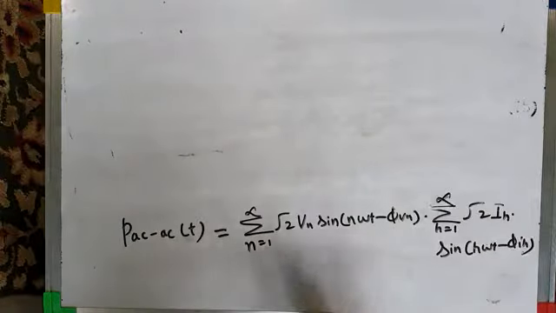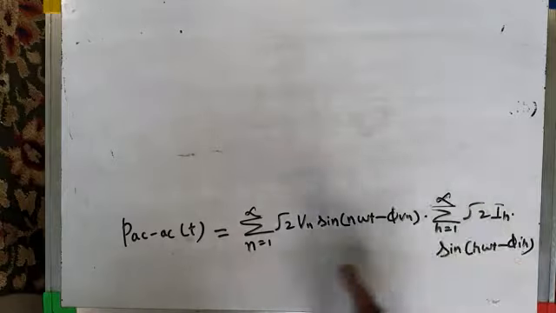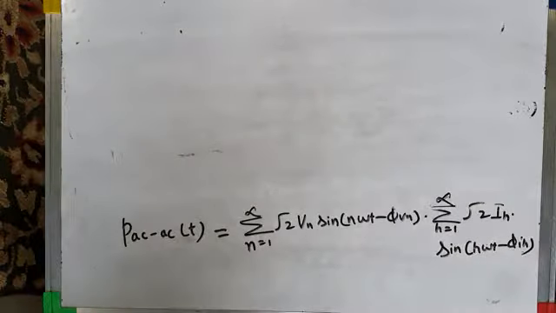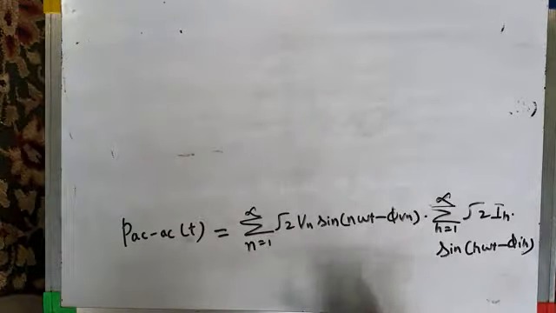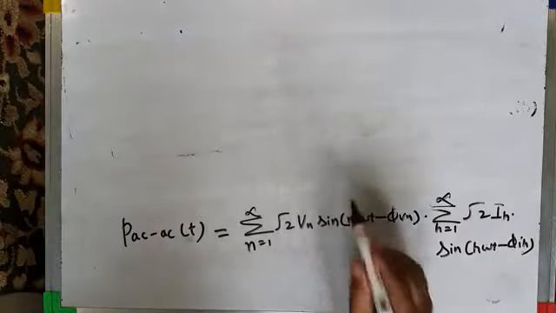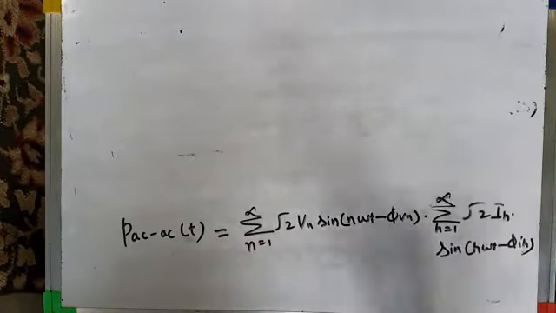Similar frequency components will interact with each other and result in instantaneous power. Similar frequency components means that the voltage and current components have the same frequency, and they interact with each other and give rise to some instantaneous power.